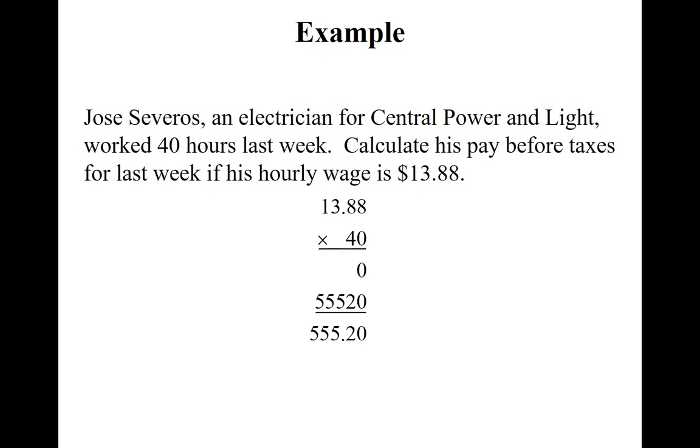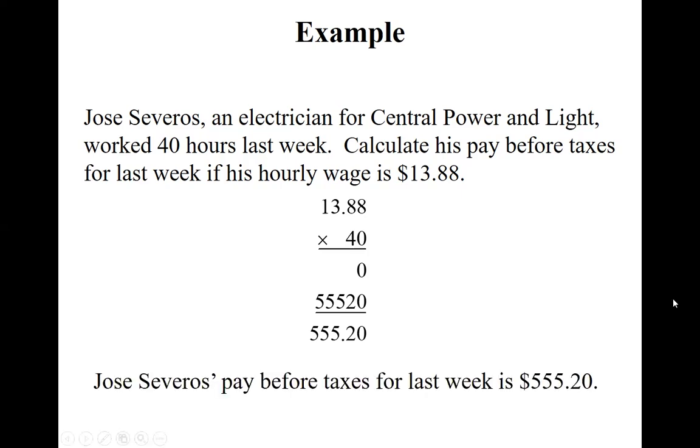Multiply 1,388 times 40. We get 55,520. And then we need to put a decimal point in there. The original problem had 2 decimal places, so we need 2 decimal places in our answer. 555.20. $555.20. And that's it for this topic.